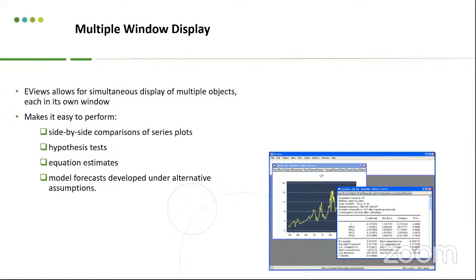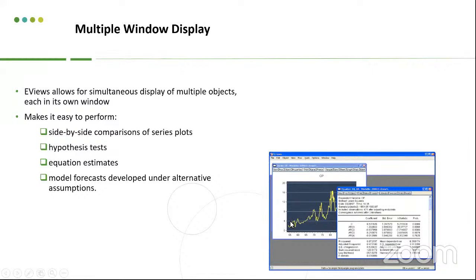And one thing that I think is good about EViews is that it can do multiple window display, which is a good feature when you want to compare your output. For example, in the screenshot over here, you can see the plotting alongside the analysis.